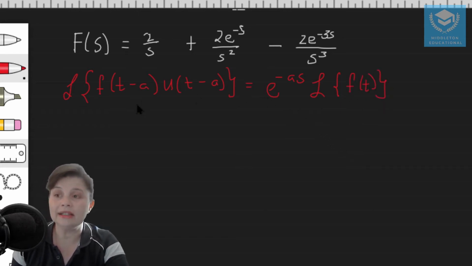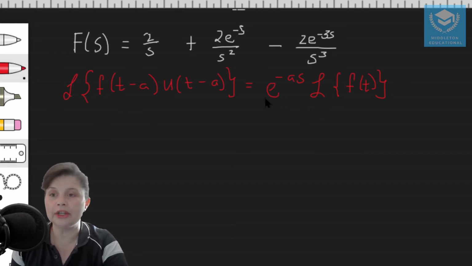When you're finding the inverse, we remember that we're going to be working from the right-hand side to our left-hand side. So we need to have term 2 and term 3 in the same form as this one here.